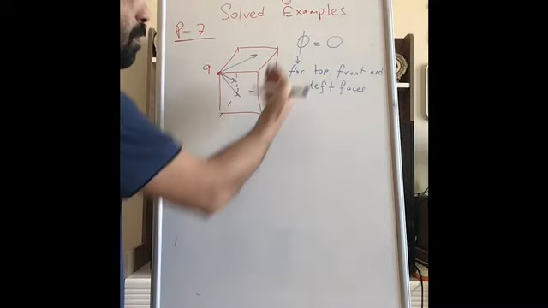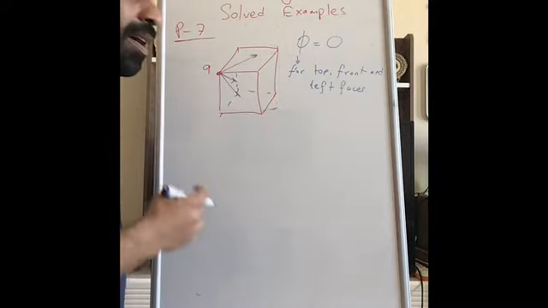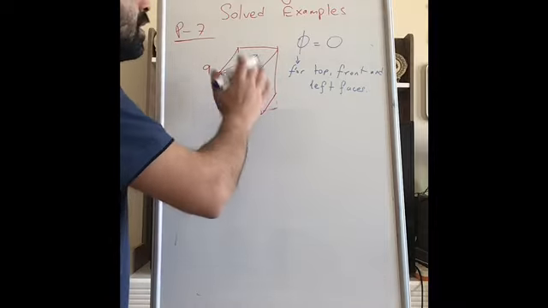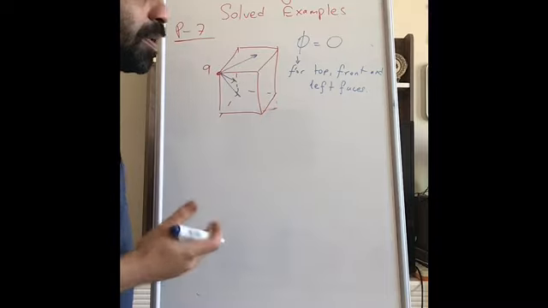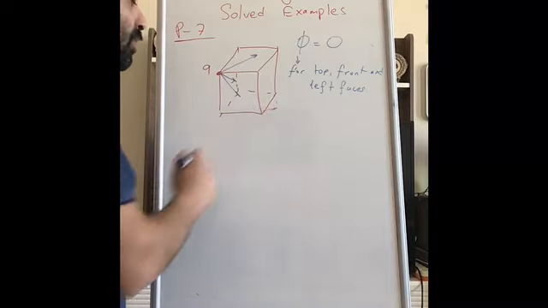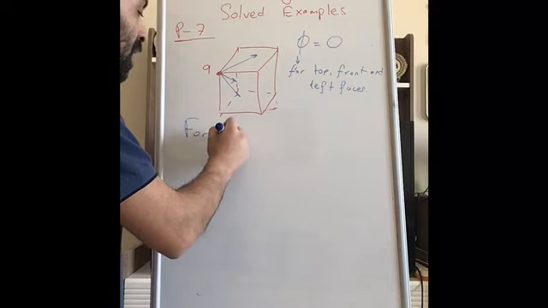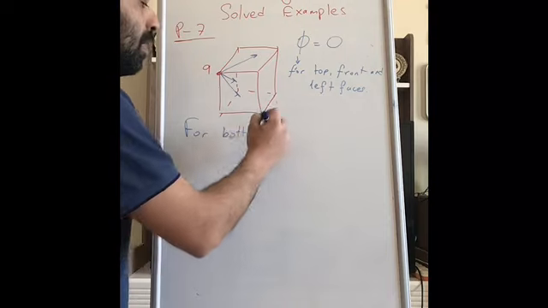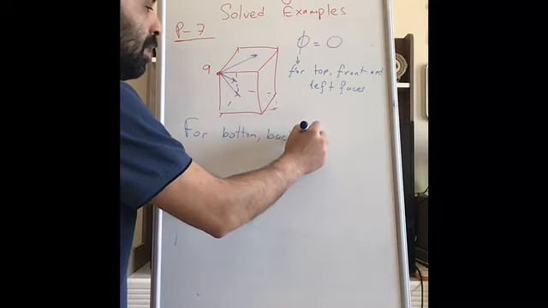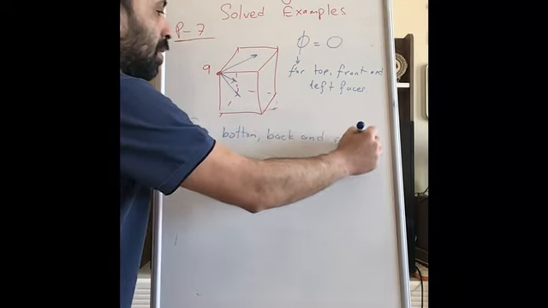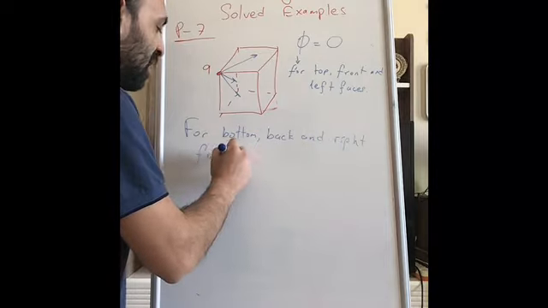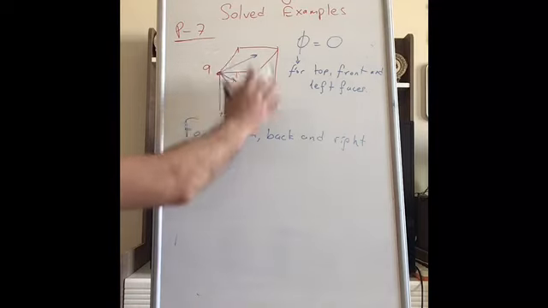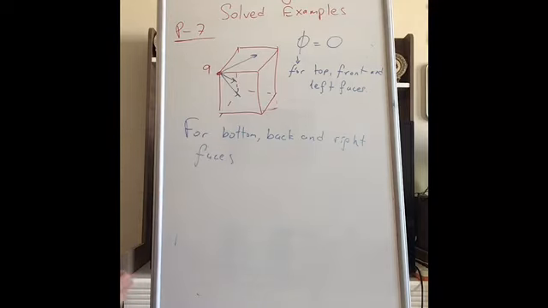All right, the bottom, back, and also right faces. For these surfaces, the electric field actually has perpendicular components. For the bottom, back, and right faces, these three faces will share the electric flux equally.